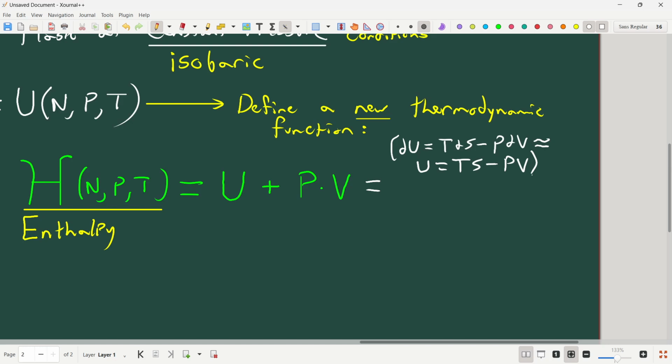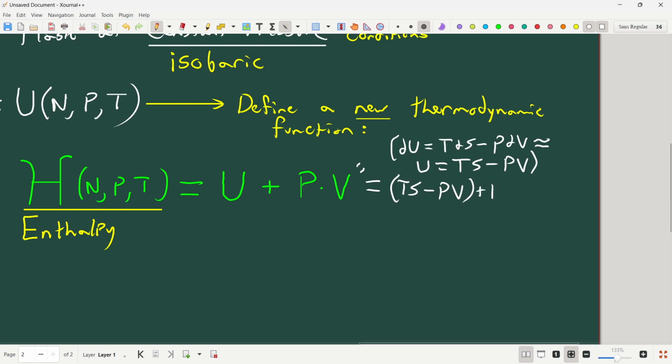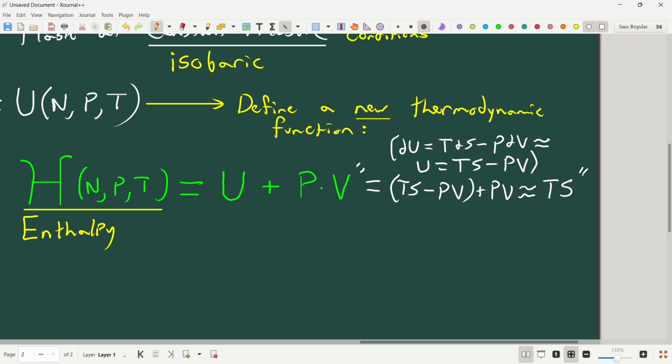This is a very rough calculation, so I'm putting quotation marks here: TS minus PV plus PV looks like TS. We have to be more careful because derivatives don't work like this 100%, but the idea is that enthalpy has something to do with the heat content of the system.